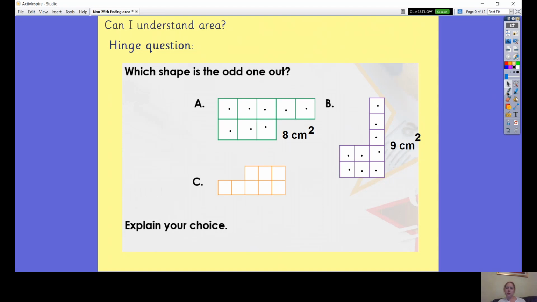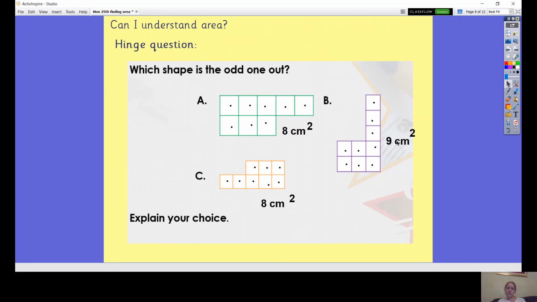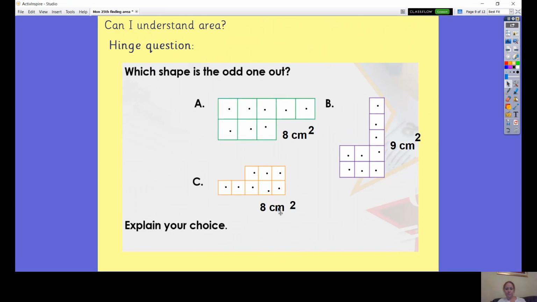And then this one here, 1, 2, 3, 4, 5, 6, 7, 8 centimetres squared, because I'm imagining that they're all centimetres if they were drawn properly. There we go. So now when I look at them, it's handy to write the areas next to them as well so that I don't forget.